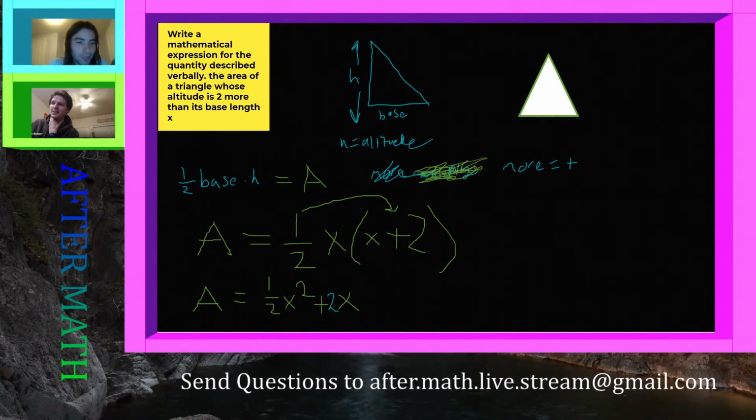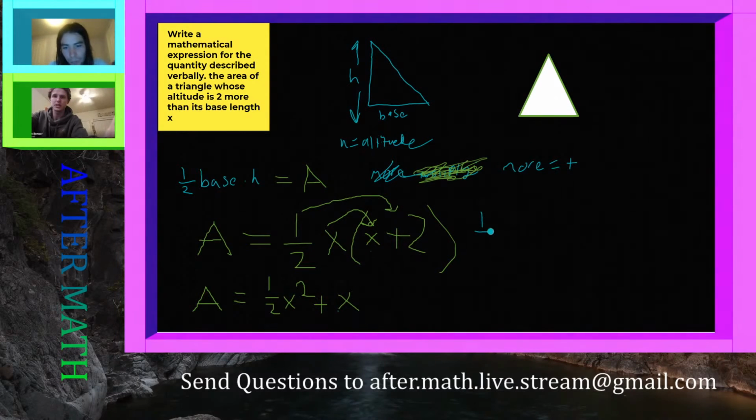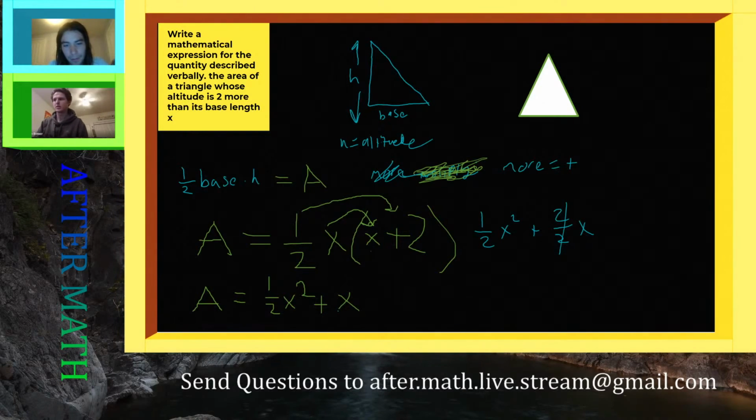So let's work through that step a little bit then. What you did might have been confusing. You did 1/2 x times x, and then you did 1/2 x times 2x, right? And so if we were to write it out, you'd get 1/2 x squared plus 2 over 2x, and that cancels out, and that's why you got what you got.